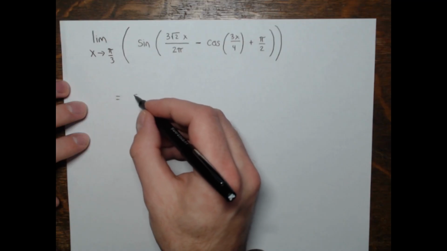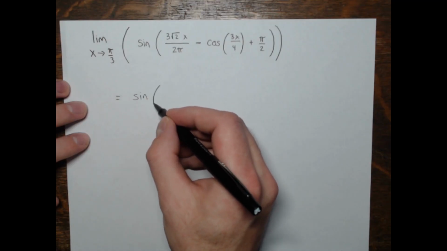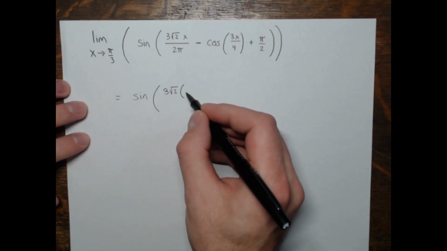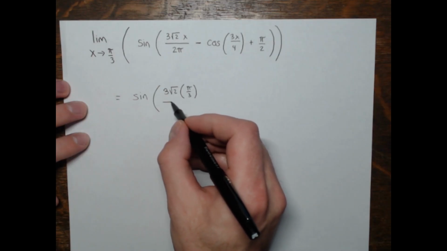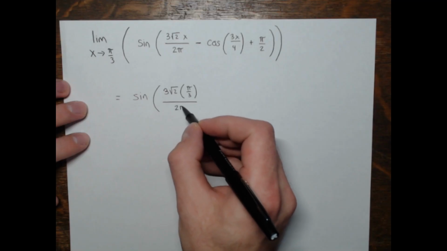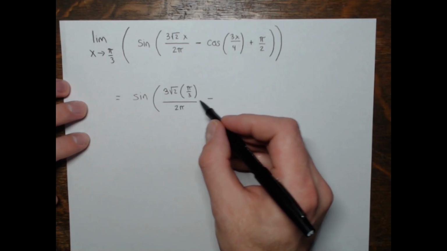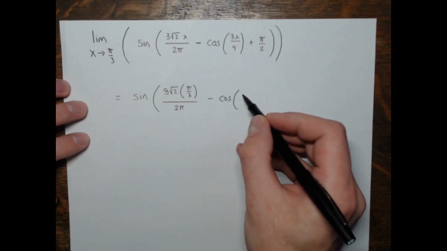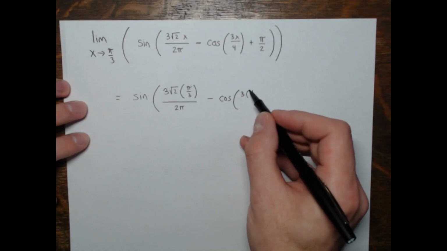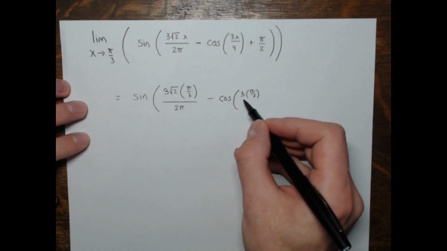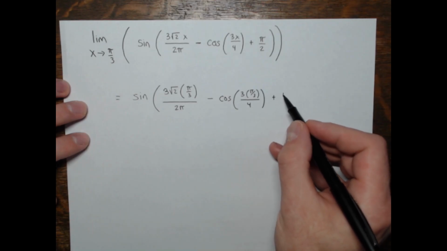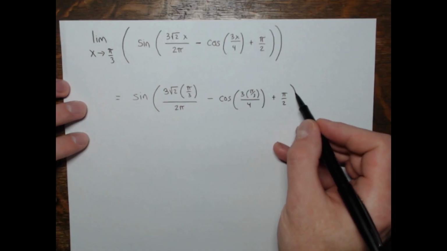So it should be equivalent to the sine of 3 times the square root of 2 times pi over 3 divided by 2 pi, then, still inside the sine, minus the cosine of 3 times pi over 3 divided by 4, and then plus pi over 2, all still inside this sine here.